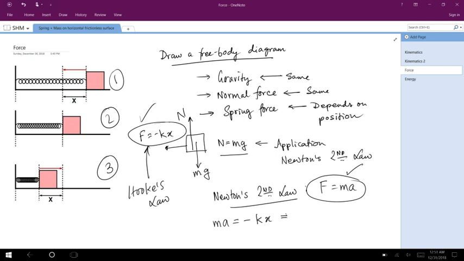Okay, but remember, what is acceleration? Acceleration is the double time derivative of x. So a equals d²x/dt². And if I plug that in, then I have m d²x/dt² is equal to negative kx.